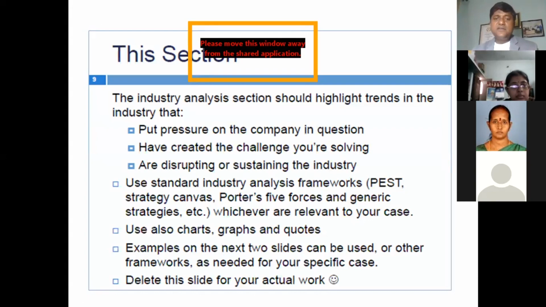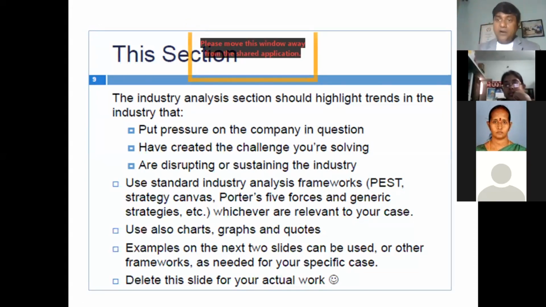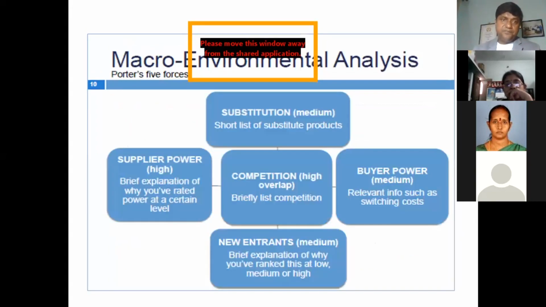Use standard industry analysis frameworks. I mentioned that PEST analysis, right? The political, economical, social, technological analysis, and the Porter's 5 forces model. That's also equally very important. We do SWOT analysis also to understand the strengths, weaknesses, opportunities, threats of the particular company, to find out the problems and come out with the solutions.